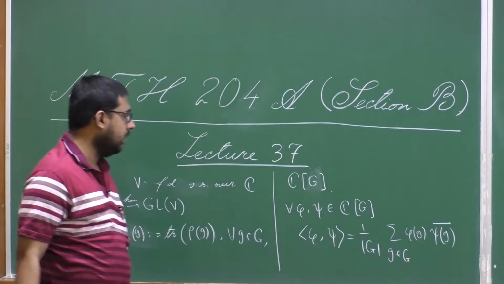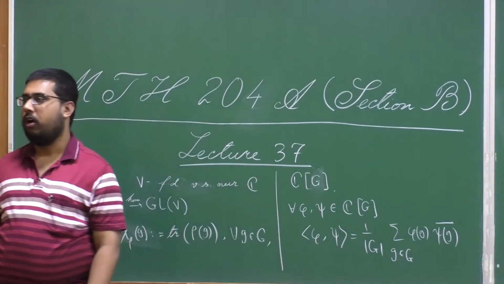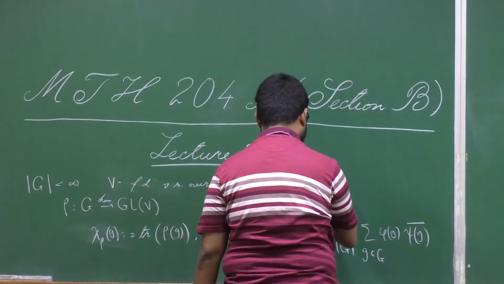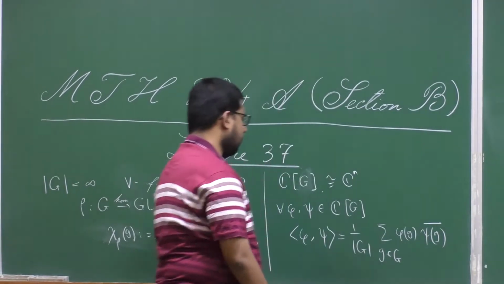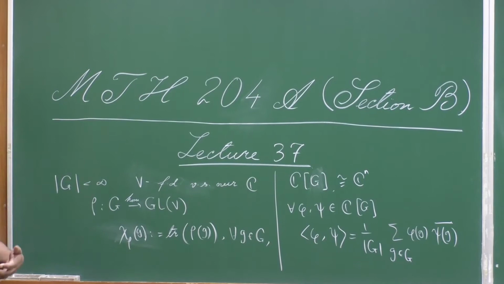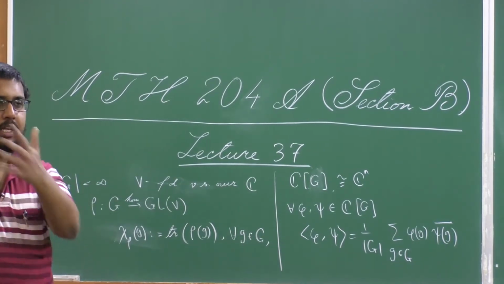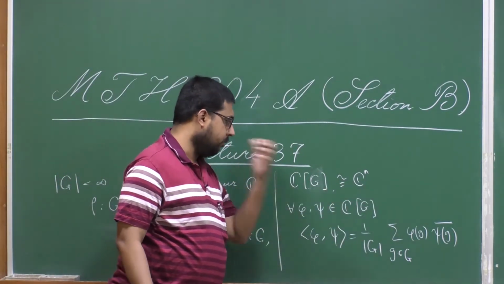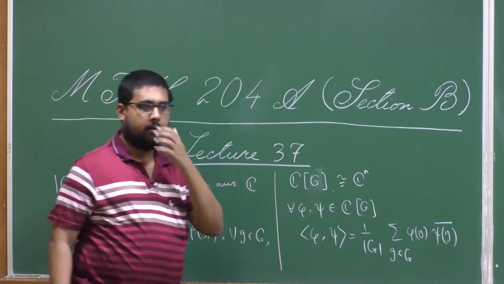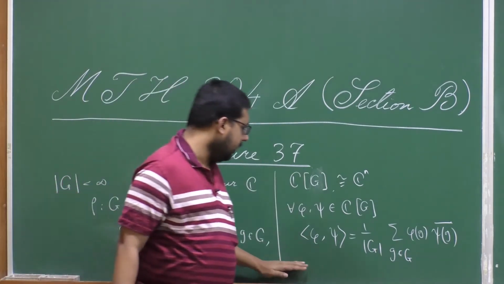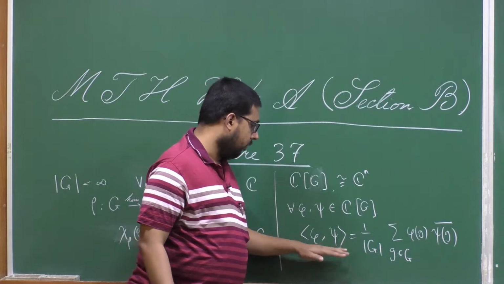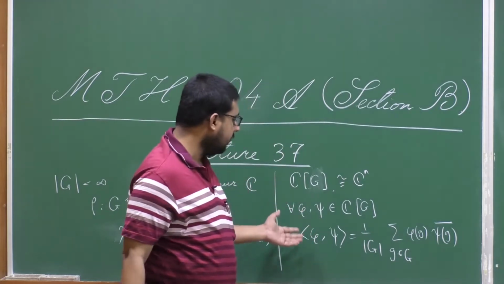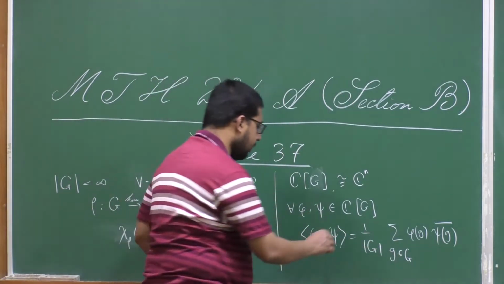Then we have seen that the group algebra CG is, as a vector space, isomorphic to Cn. Hence, by considering the natural inner product structure on Cn, bringing it here, and scaling it appropriately, we obtain CG as an inner product space like this.